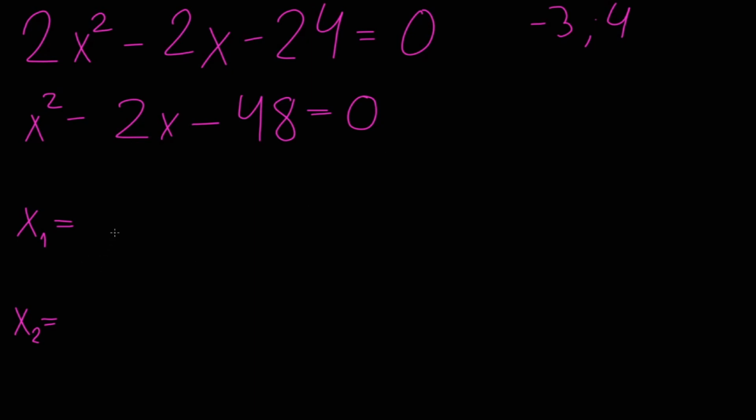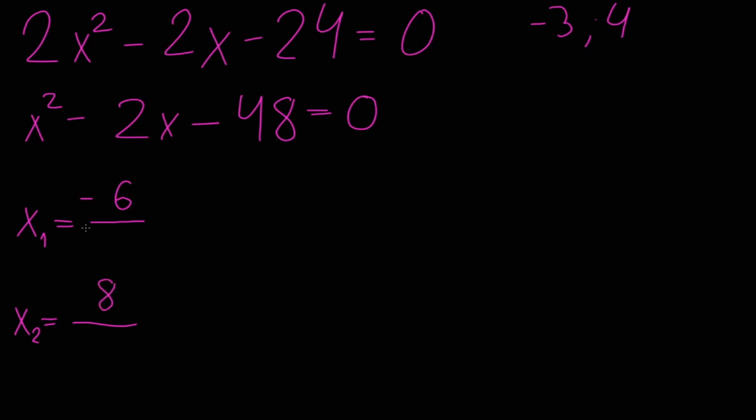And the answer to this is, of course, 6 and 8, because 6 times 8 is 48, and minus 6 plus 8 is 2, which is the opposite of this b, where b is minus 2. So the answer is minus 6 and 8.